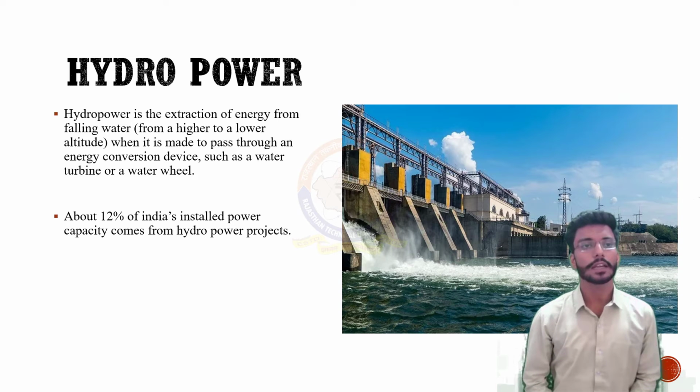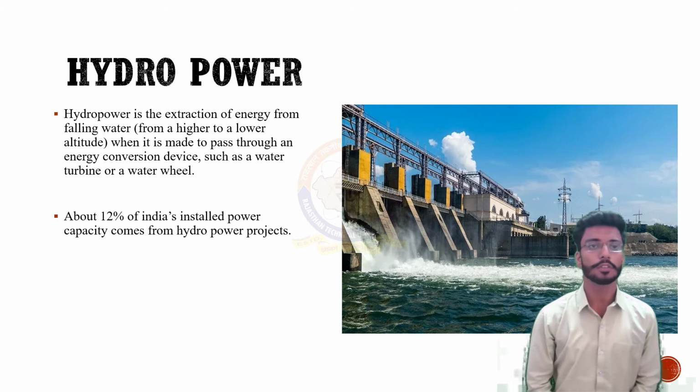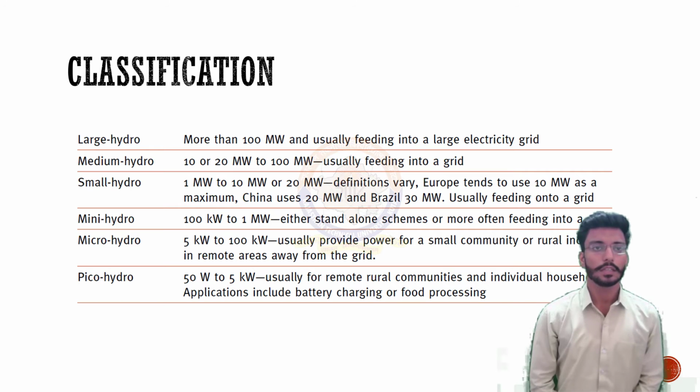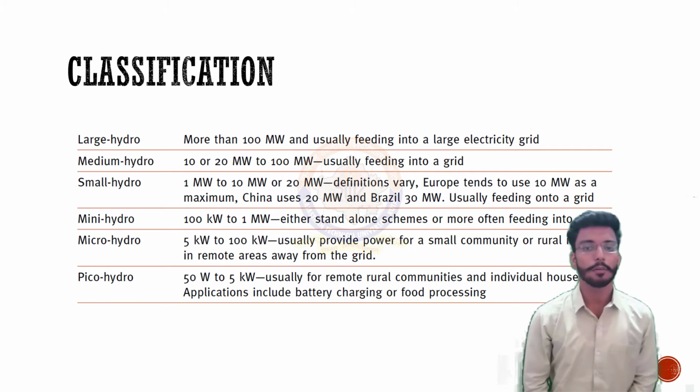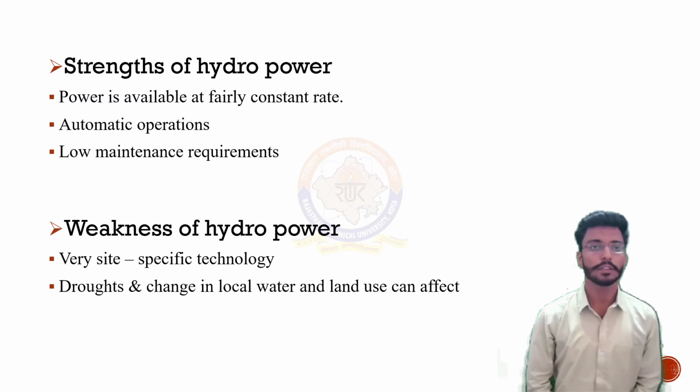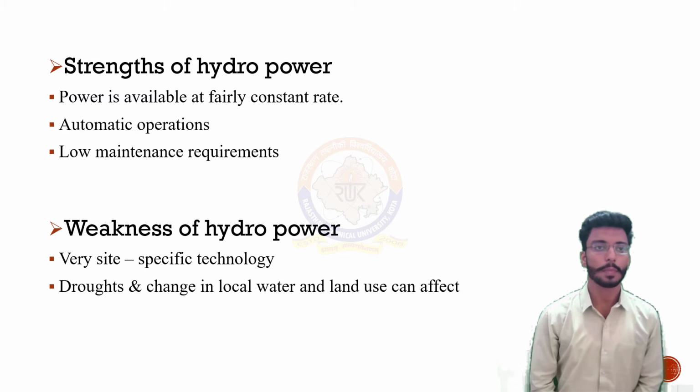Hydropower systems can range from tens of watts to hundreds of megawatts. These are the classifications based on size of hydropower projects, namely large, medium, small, mini, micro and pico. Now let's discuss the strengths of hydropower systems.